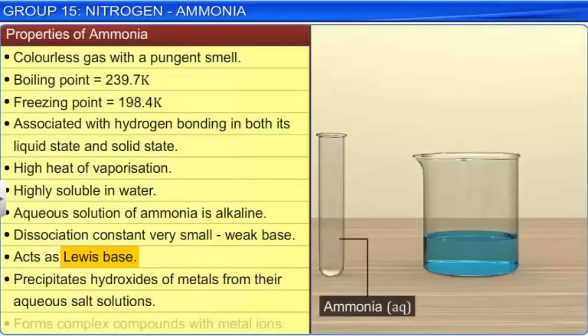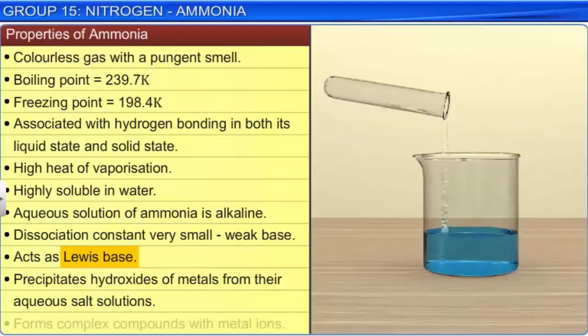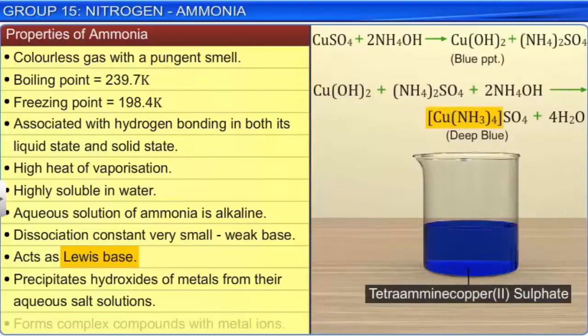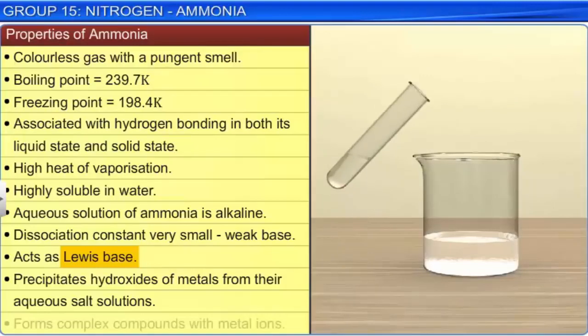An aqueous solution of ammonia combines with copper sulfate solution to form a deep blue color. The deep blue color is due to the formation of the tetraamine complex. Similarly, the formation of a colorless diamine complex of silver ion is shown here.